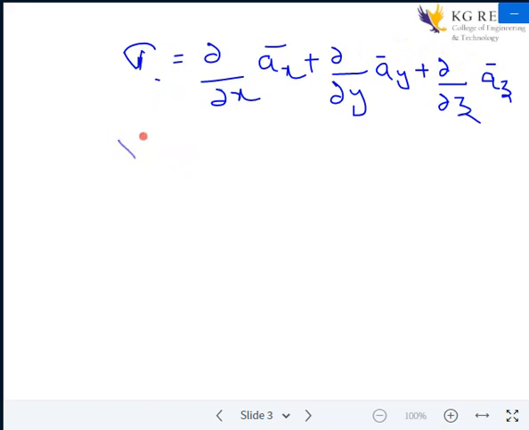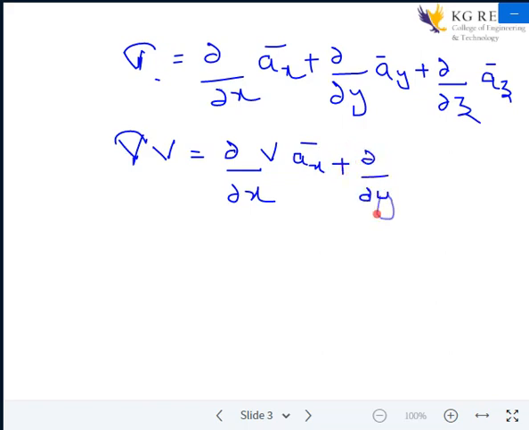If we take the del of V, since V is a scalar, I can multiply it with all three expressions: dou V by dou x of ax, plus dou V by dou y of ay, plus dou V by dou z of az.